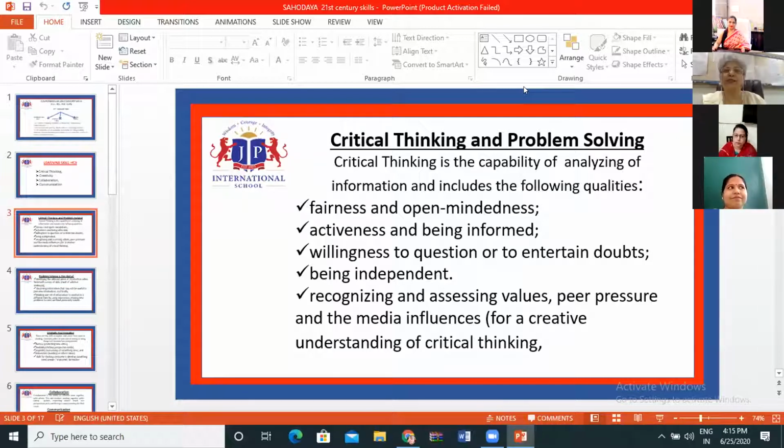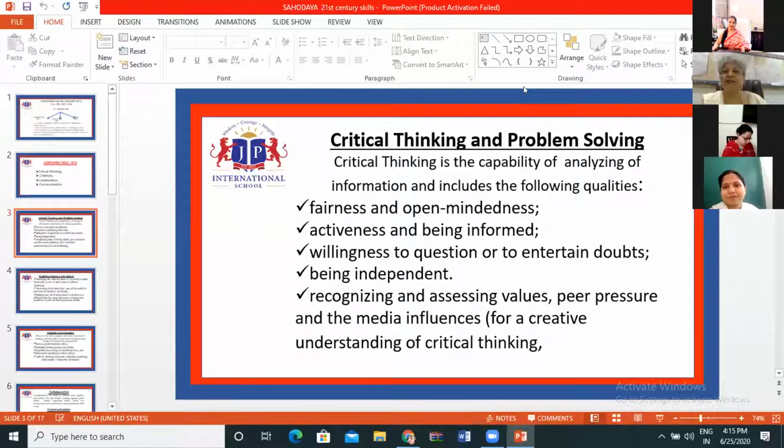A person who is a critical thinker should be fair and open-minded, should be active, and being informed means he is aware of things. He should be willing to question, or entertain doubts of people in case they put them in front of him. Being independent, he recognizes and assesses the values, peer pressure, and media influences for a creative understanding of critical thinking. These are the basic ingredients of a critical thinker.